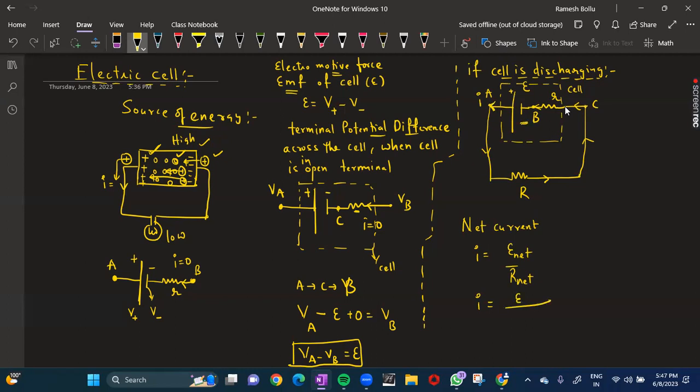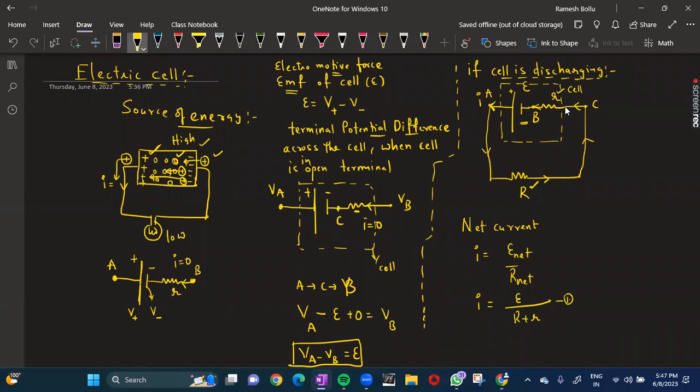Capital R and small r are in which combination? Series only. Why series? The same current is flowing. Here many children will slip. They will say small r and capital R are in parallel. It is completely wrong. How much is the net resistance? Capital R plus small r. I will keep this aside as equation number 1.